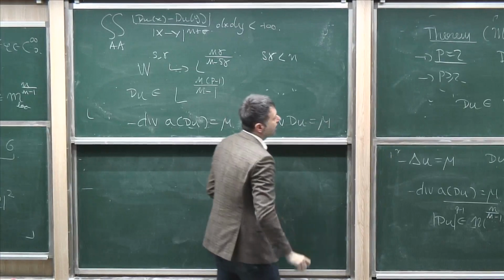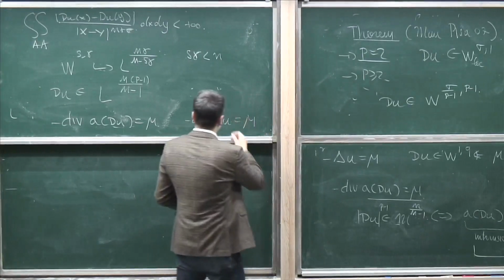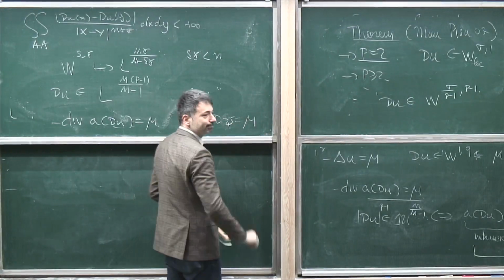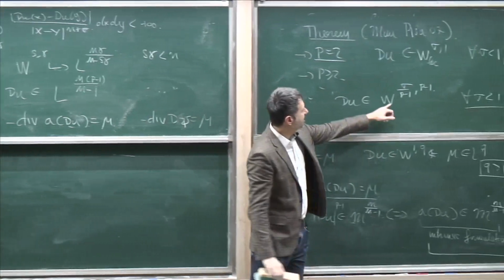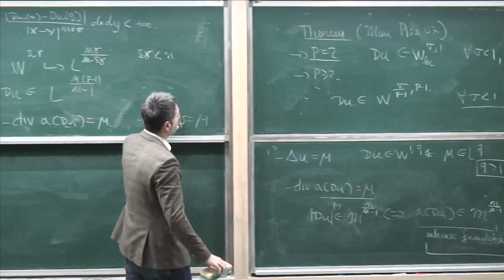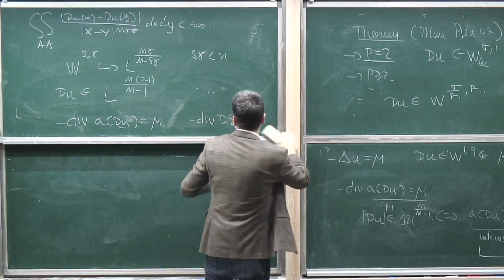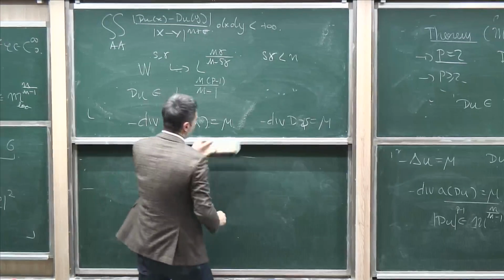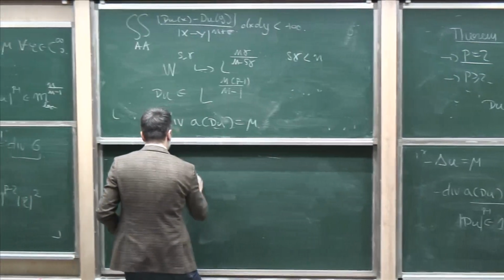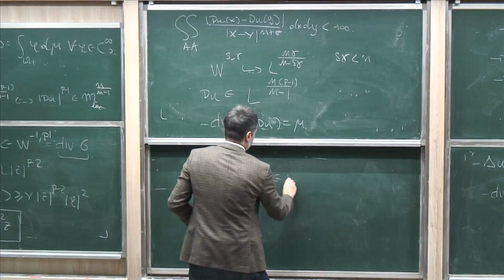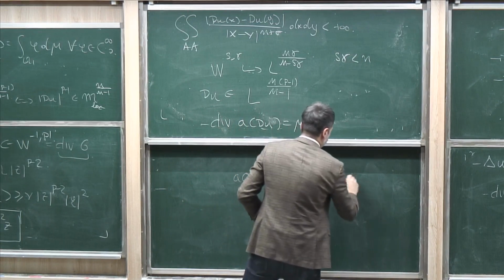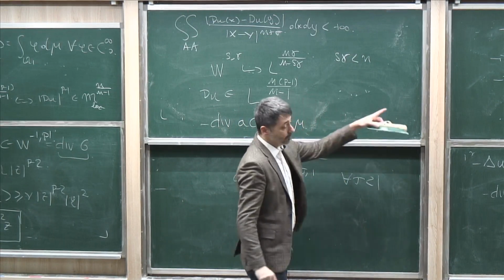Then you go back, it is the gradient of something, let's say. And you go back to this, and you would get that this something is in W^{1,1}, almost. So the conjecture I had in that paper was that A(Du) is in W^{σ,1} for every σ less than 1. And this would imply both the results.